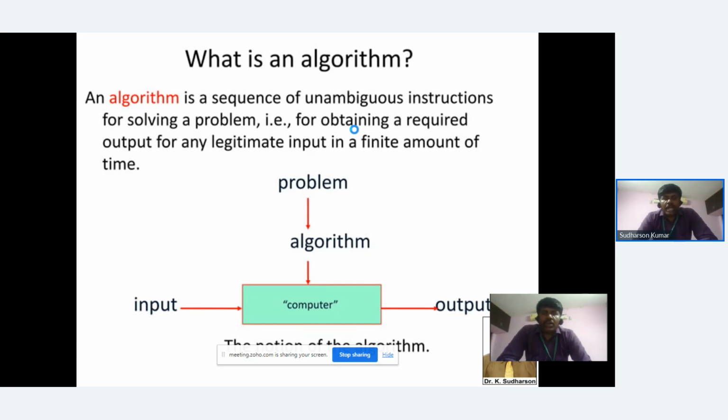So an algorithm, as I specified, is a sequence of steps, and it should be very clear, unambiguous, in order to solve a problem. This is what an algorithm is.